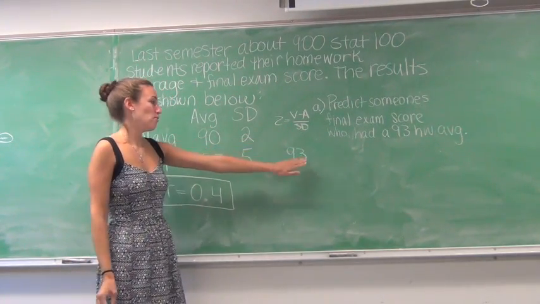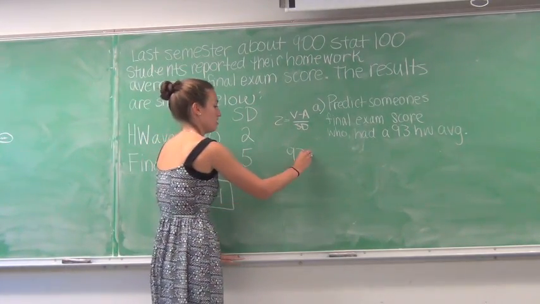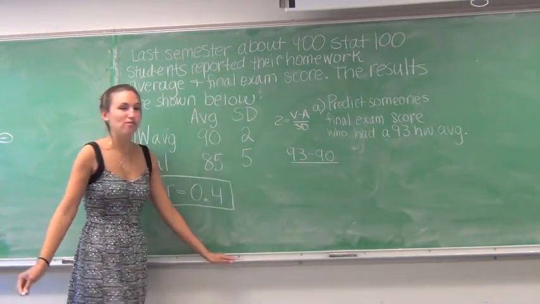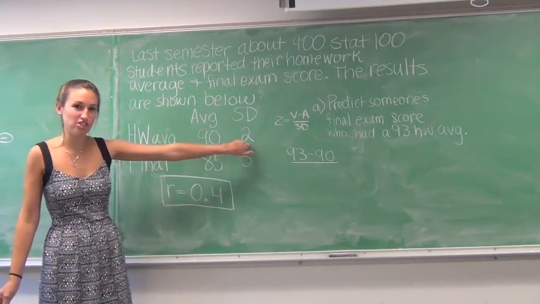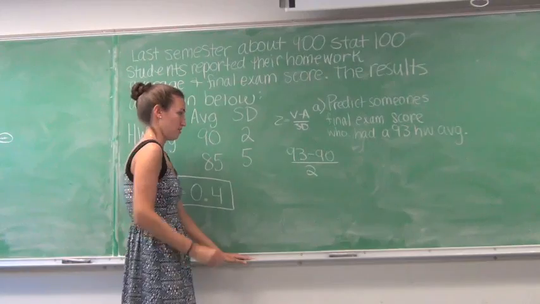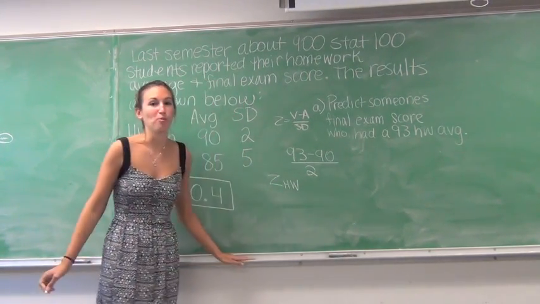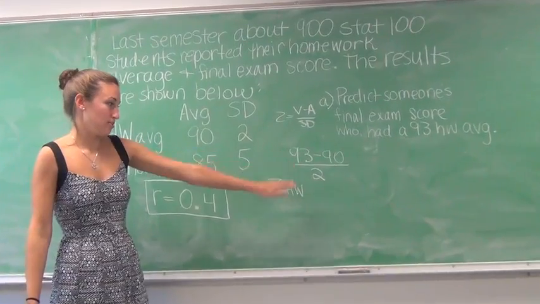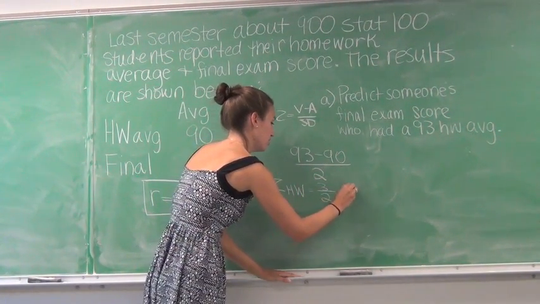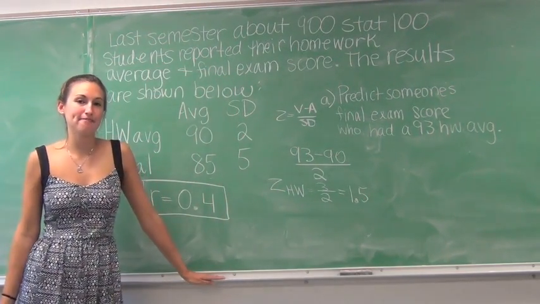So for homework average, we see that the average right here is 90, so our value minus the average over our standard deviation, which is 2. So this is our z-score for homework. 93 minus 90 is 3 over 2, so that z-score is just 1.5.